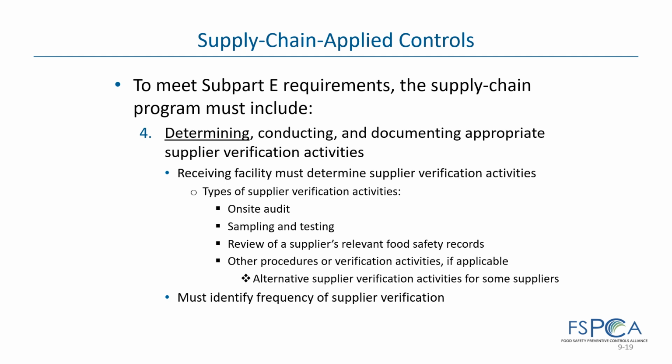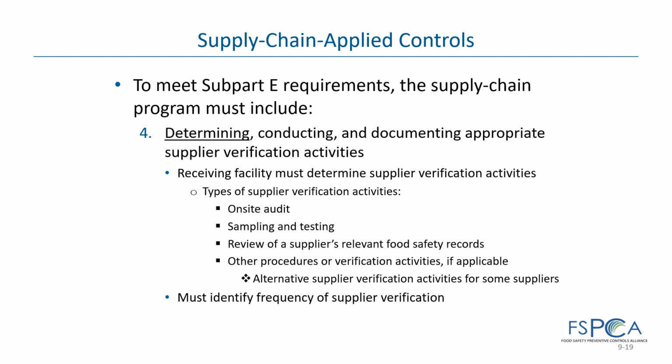Those suppliers are usually going to have food safety records. Maybe they even have a formal food safety plan that you can review. You can also review things like monitoring records and corrective action records as part of this verification activity. Other procedures or verification activities as your food safety team sees fit.